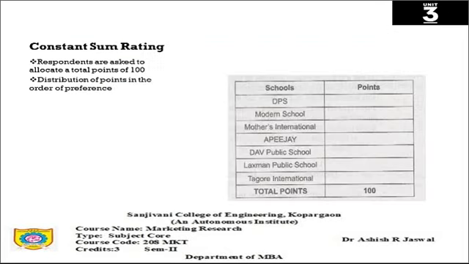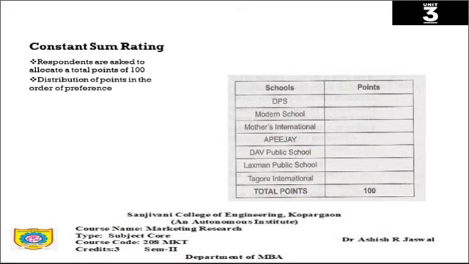Let us try to understand constant sum scaling for ranking different schools. There are different schools given, for example DPS, Modern School, Mothers International, IPJ, DA Public School, Lakshmi Public School, Tagore International. Almost 7 schools are given. Now what is happening? I may ask parents to give points to all the schools, but the condition would be that the total for all the schools would be 100.